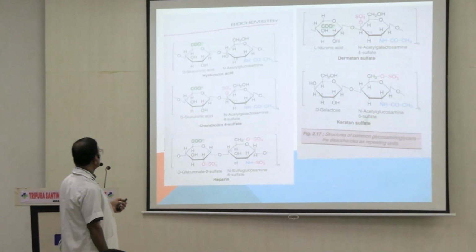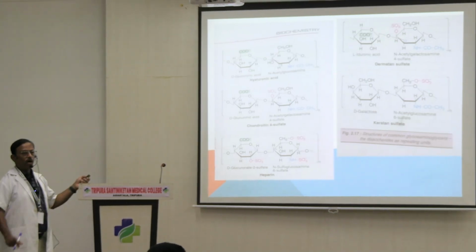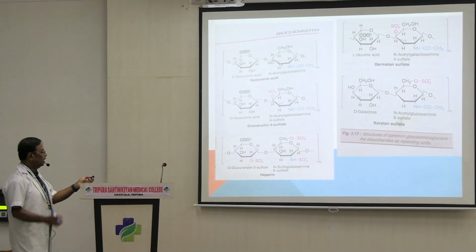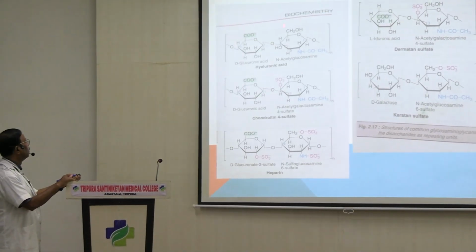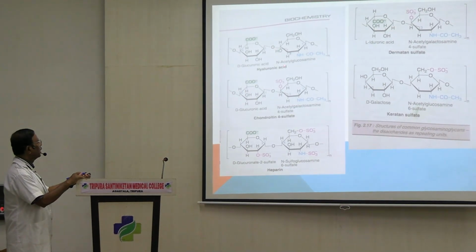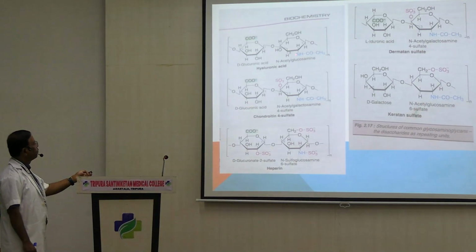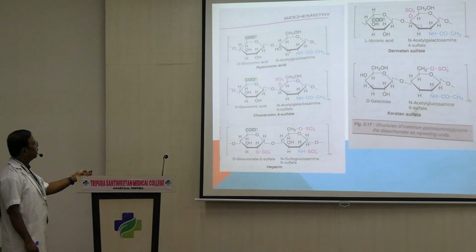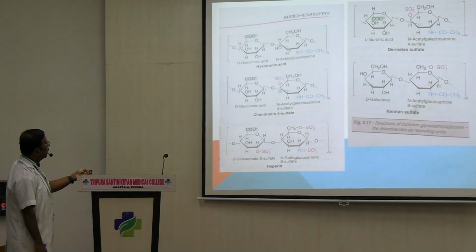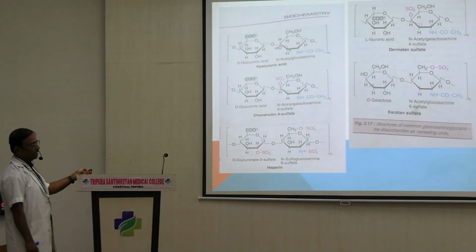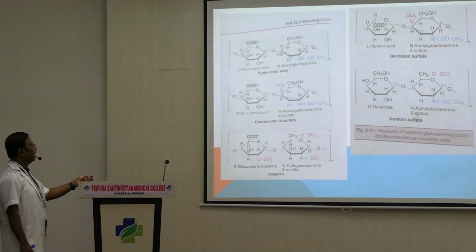Here, just to show, these structures are not required for you, just to see what acetyl glycosaminoglycan is. Take N-acetyl glucosamine. See, this is the glucose, and in the second carbon there is an amino group, and the amino group is again acetylated, so the compound has become N-acetyl glucosamine.